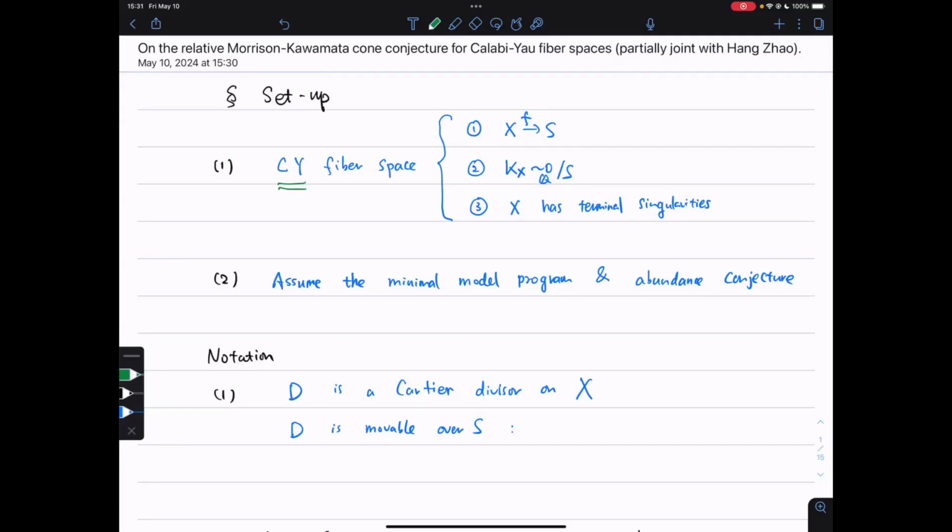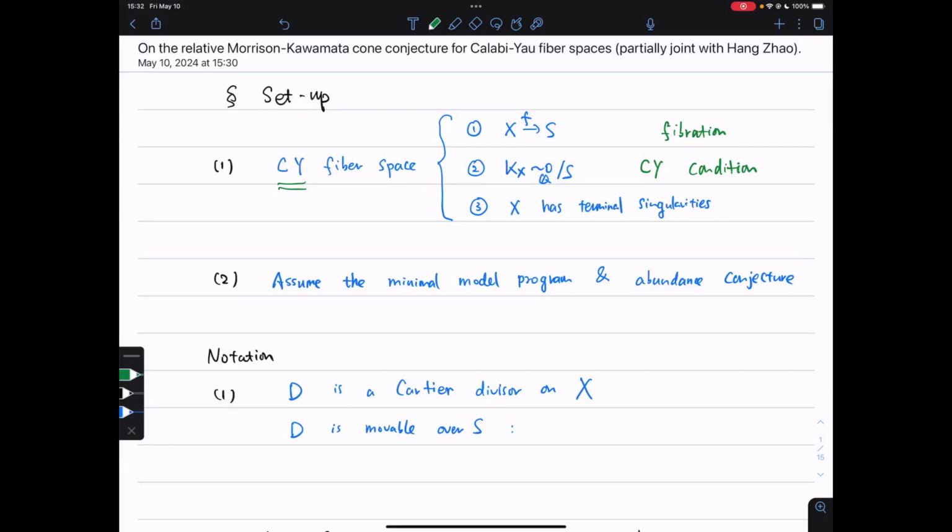This consists of 3 parts. We have a fibration, which means a surjective map with connected fibers. And then we have the Calabi-Yau condition, which means the canonical divisor is trivial relative to the base.